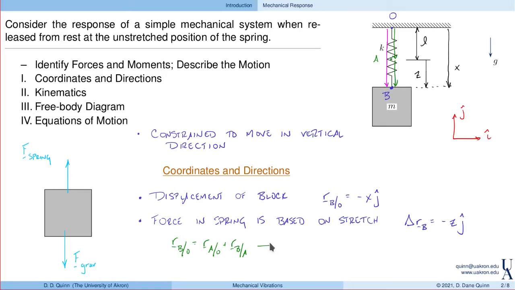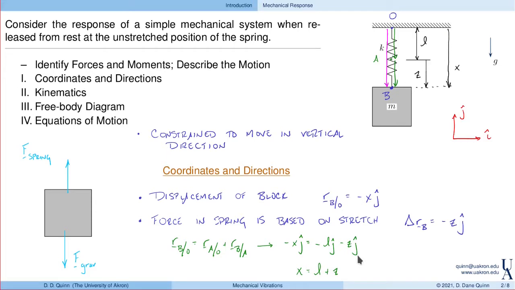The position of B with respect to O we said was minus x in the j direction. Position of A with respect to O is minus L in the j direction. And the position of B with respect to A is minus z in the j direction. So looking at the j direction, we see that x is equal to L plus z.